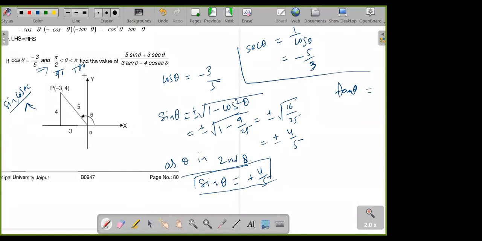This is just a length, and length should always be positive. We don't calculate anything by length. Okay, just 1 minute. But in that case, this minus 3 is also a length, right?